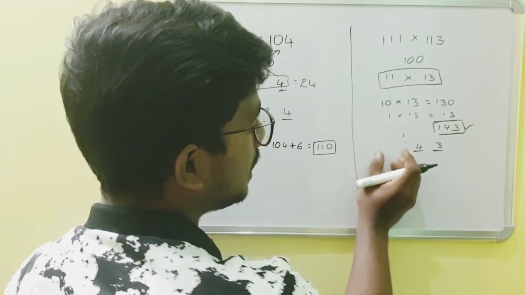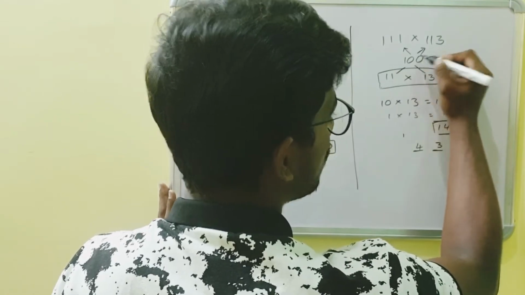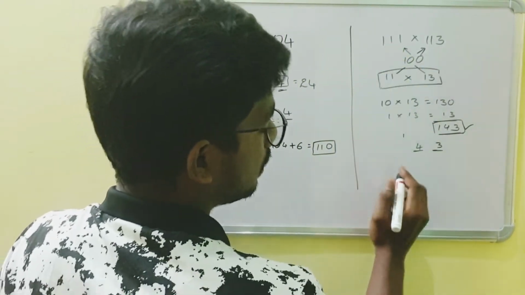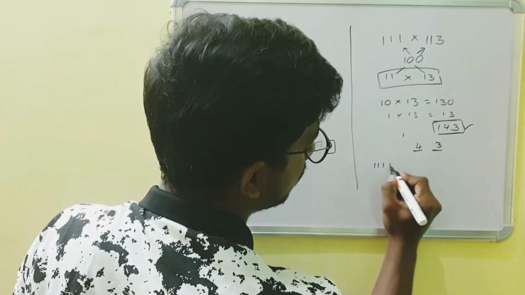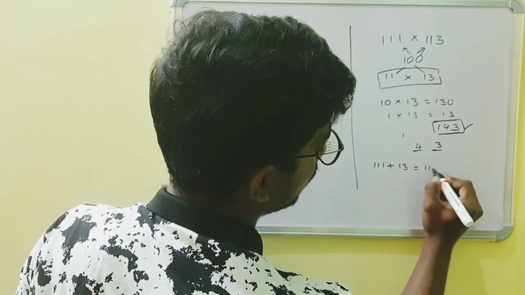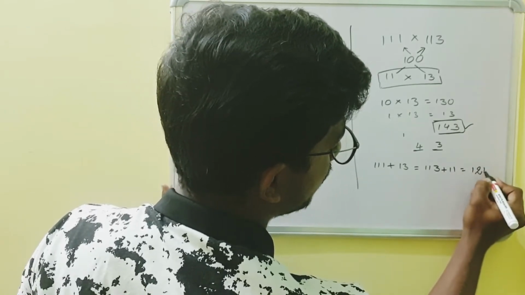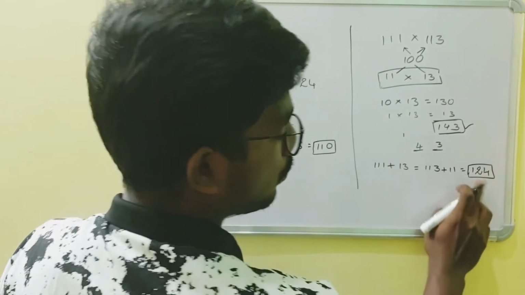To obtain the remaining digits, cross addition must be done. Here, by taking cross addition, 111 plus 13, which also equals 113 plus 11, gives 124.